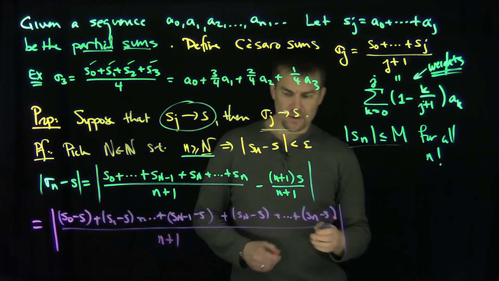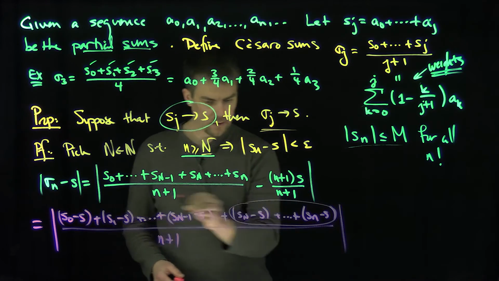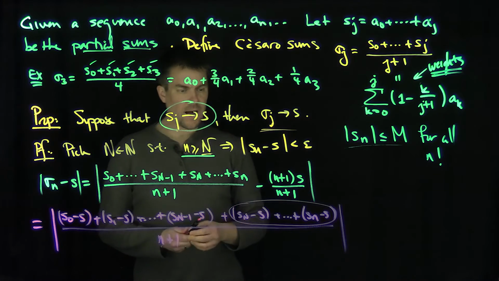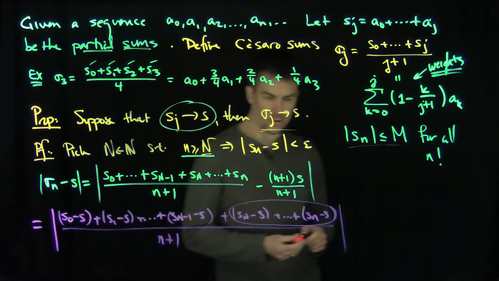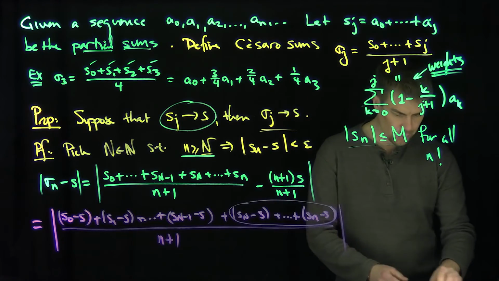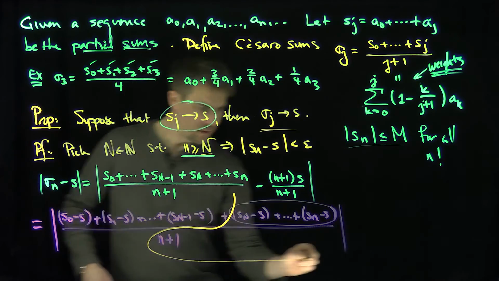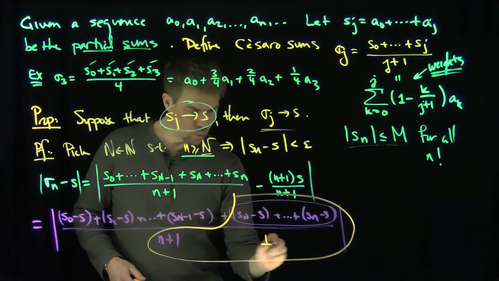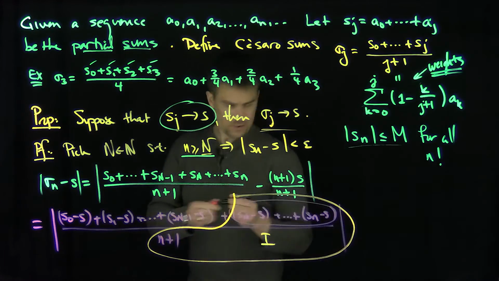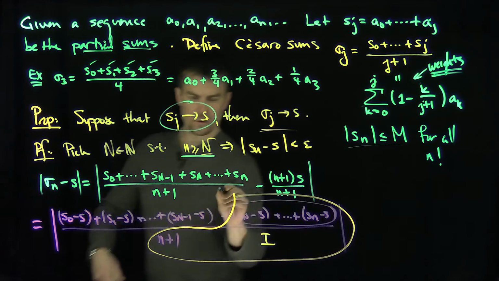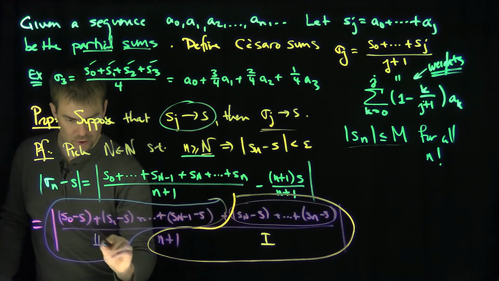Now what can I say about each of these terms? These terms are all less than epsilon, and I'm going to break this into two groups. I'll call the later terms term 1, and the earlier terms term 2.